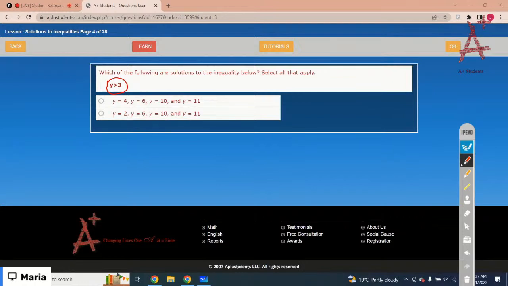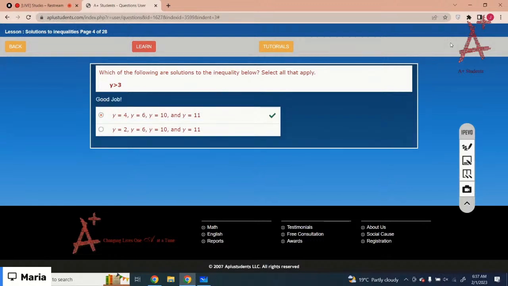So the correct option is option number 1. They all are greater than 3. Just select the correct option, then click on the OK button.